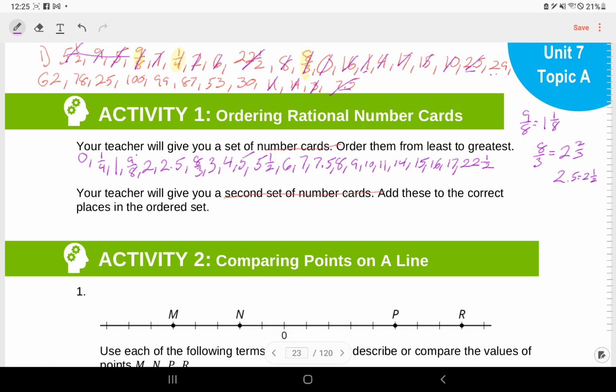Now, so all of these have been used except for the 29. Now there's a 25 here. Then 29. Then 30.